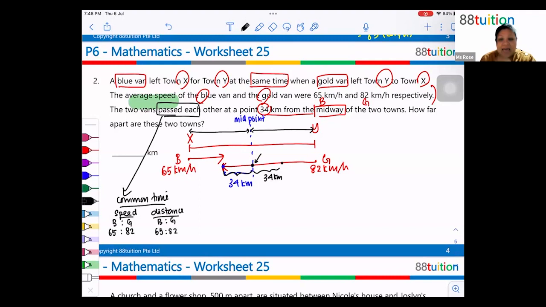So at the point where they pass each other, the distance covered by the blue van is 65 units, whereas the distance covered by the gold van is 82 units. You see this? Now, because we know that this distance and this distance must be the same, that means the distance here would be how many units?